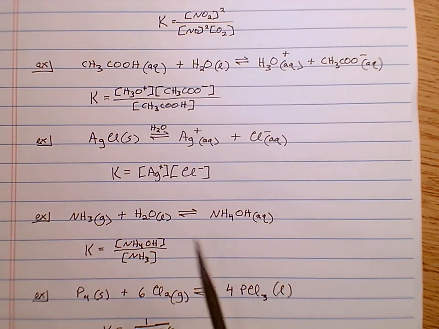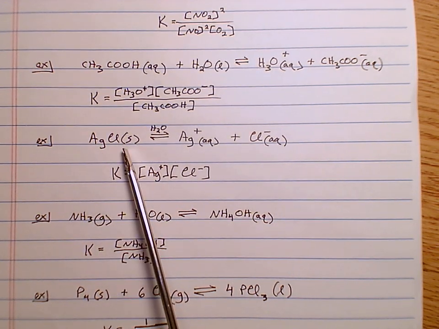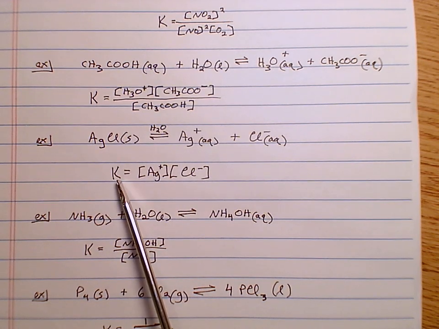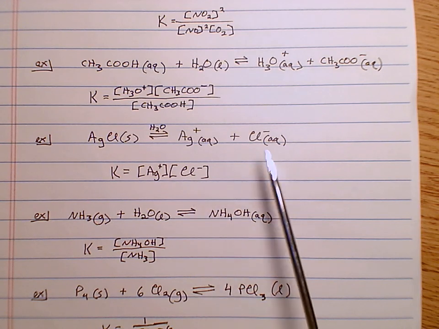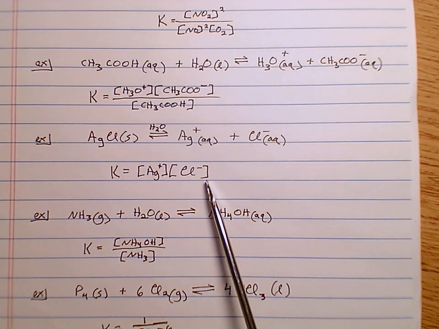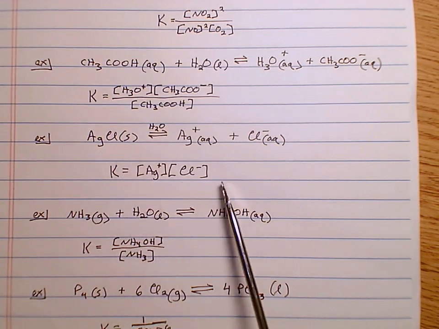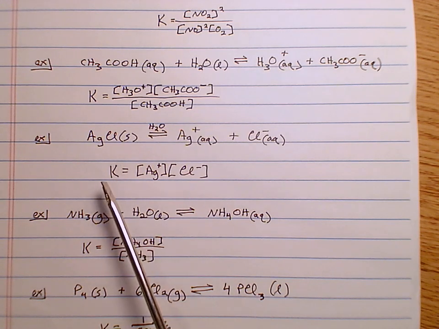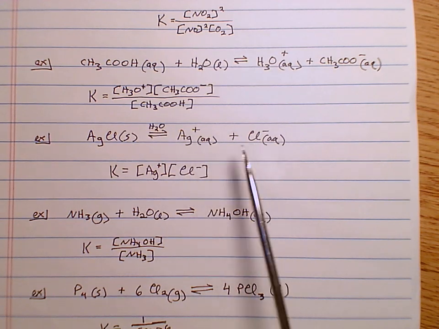Well, what are we going to put in our expression here? Aqueous, aqueous, solid. Solids don't go in there. So K equals the concentration of Ag+ times the concentration of Cl- divided by, well, there's nothing on the reactant side that goes in there, so we just put 1. We don't have to write divided by 1. So here, the equilibrium constant is just the concentration of the 2 product ions.